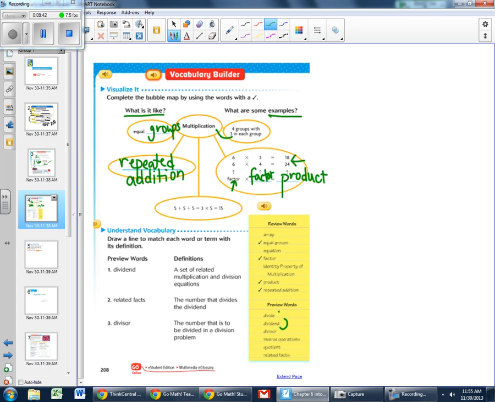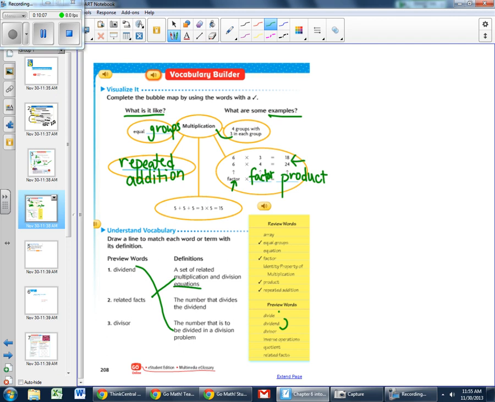So if we look at dividend, our first one, you're going to draw a line down to the bottom one because a dividend is the number that is to be divided in a division problem. Okay? So kind of think about how you can remember those. Dividend, divided. Okay. A related fact is a set of multiplication and division equations.